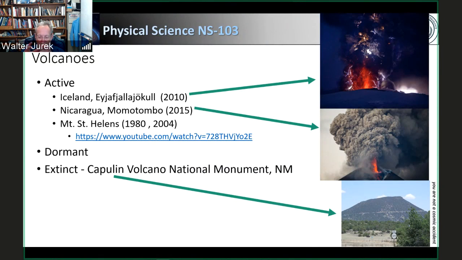It's interesting because brand new rock is being formed, and we're going to talk about dating methods in a little bit. It's fascinating that some of this brand new rock, if you use modern dating methods, gets dated to be thousands and millions of years old, and it would really make sensible human beings skeptical of some of these.